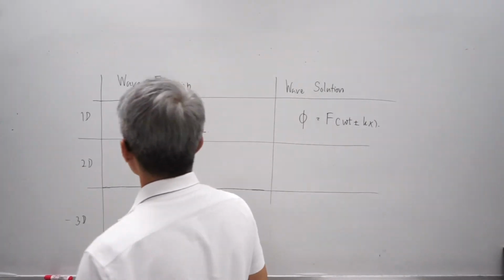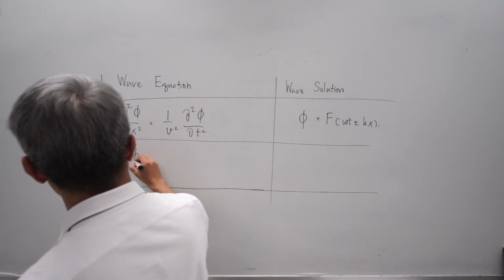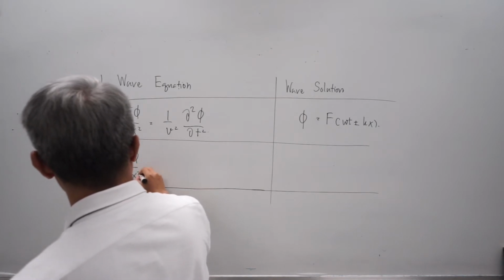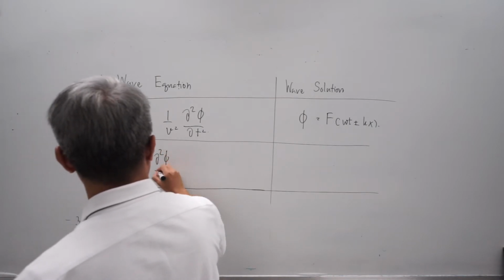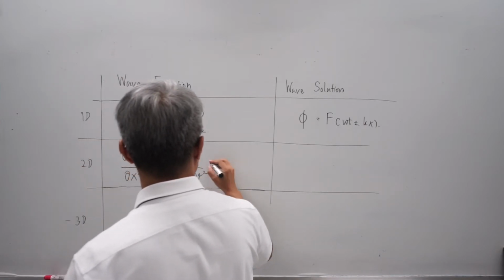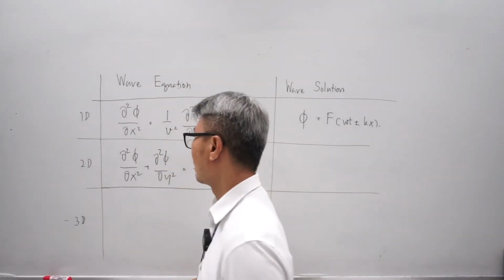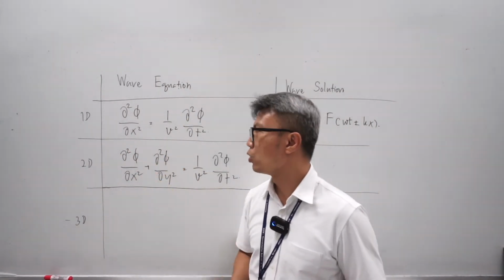Definitely, the wave equation for 2 dimensions can be written in a form like this: the second derivative of phi by dx squared plus the second derivative of phi by dy squared equals 1 over v squared d squared phi by dt squared. I think the form is quite intuitive.